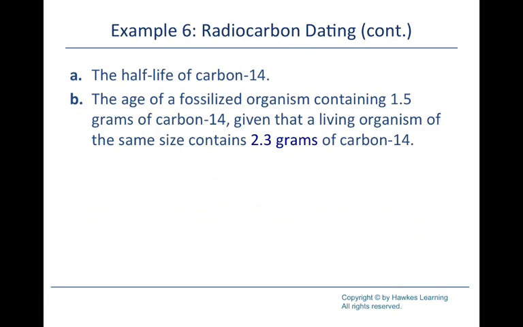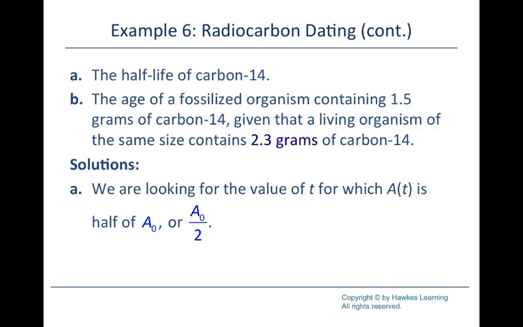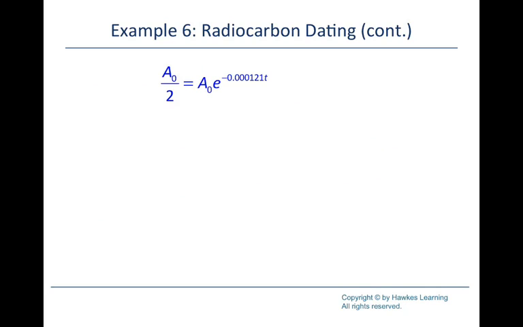If they want to know the half-life, okay, so we're looking for the value of t for which A sub t is half of A0 or A0 over 2. So A0 over 2 is equal to A0 e raised to that power.